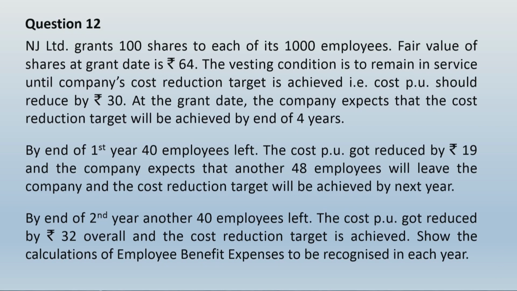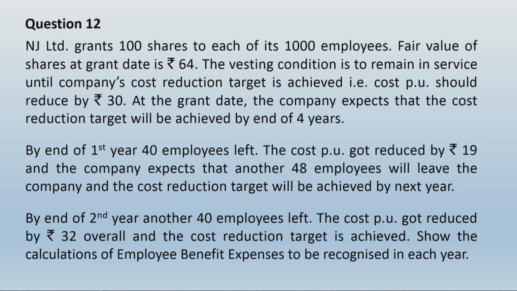At the grant date, the company expects that cost reduction target will be achieved by end of 4 years. By end of first year, 40 employees left. The cost per unit got reduced by rupees 19, and the company expects that another 48 employees will leave the company and the cost reduction target will be achieved by next year.